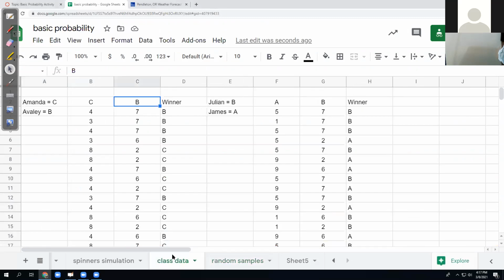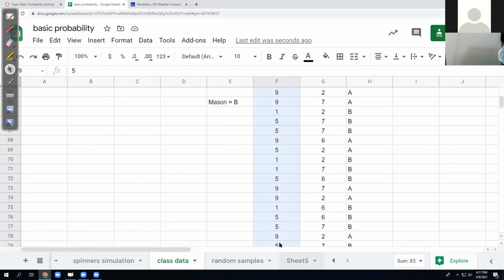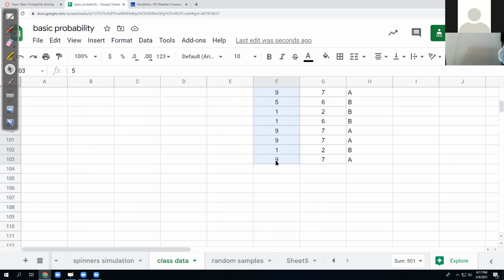From the class data, if we look at column A here, and this is for a few of us. I think there were 60. Oh, no, we got more. Keep going, how many were there? There were 100 spins there.